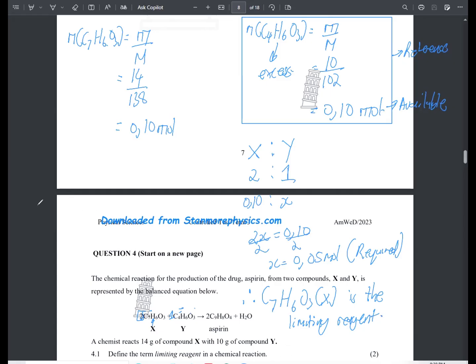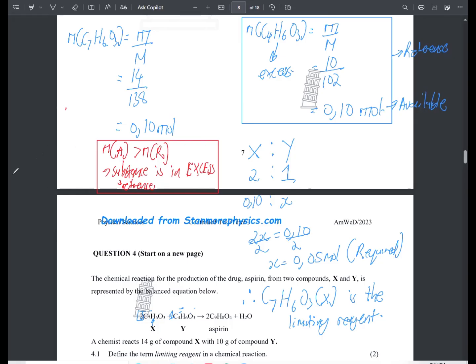Now, how do I make these conclusions, guys? Remember, when we were doing this topic, I said always note this. If the number of moles available is greater than the number of moles required, then that means that substance is in excess. That particular substance is the reference. Everything would have to be based on what you make the reference.